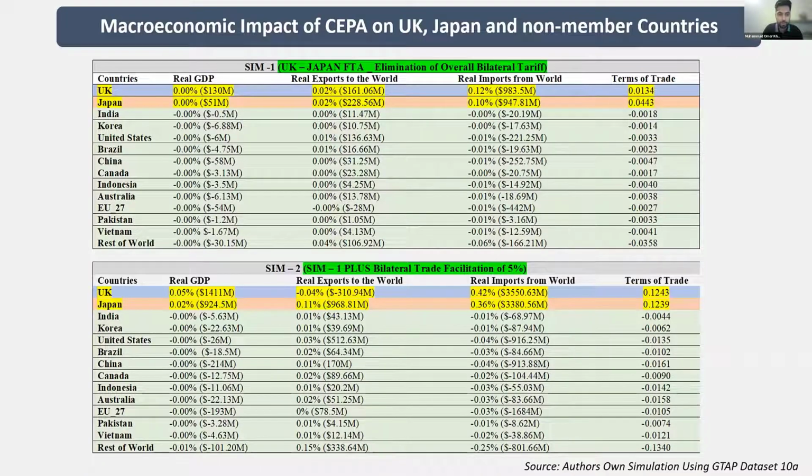So you are right, the number is not that big. However, in monetary terms, the value is very large. If we look into the details, real GDP growth is about 0.05%.